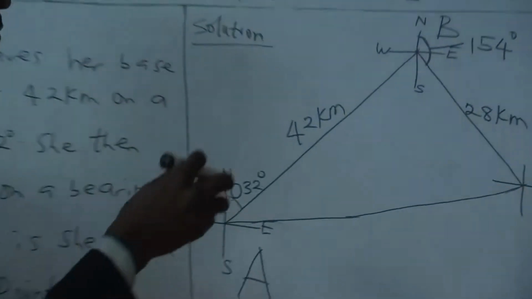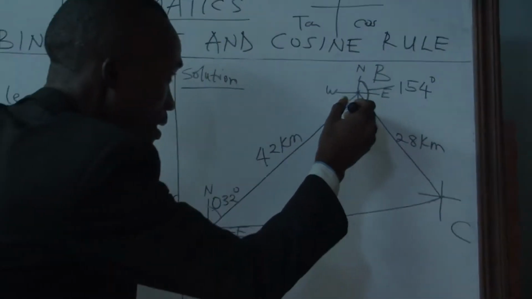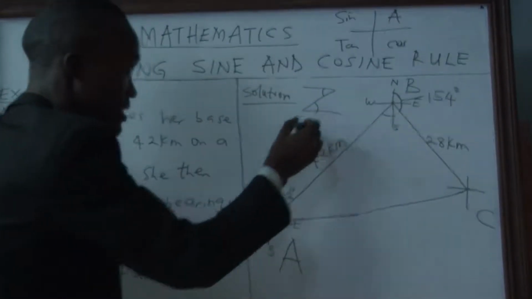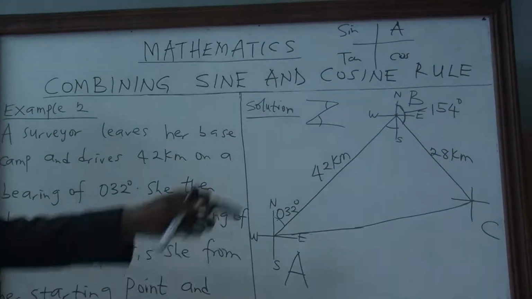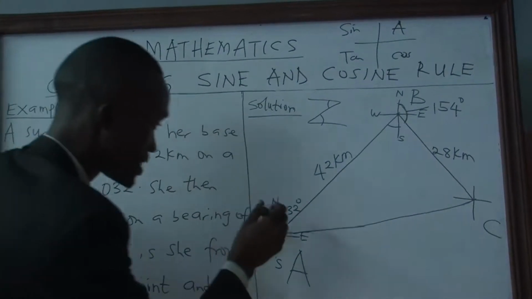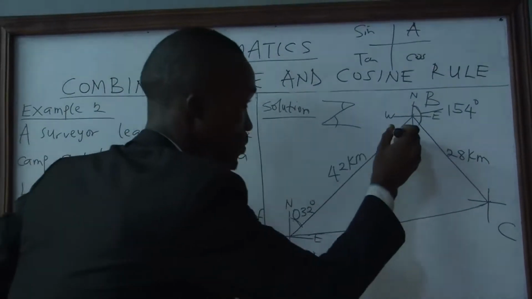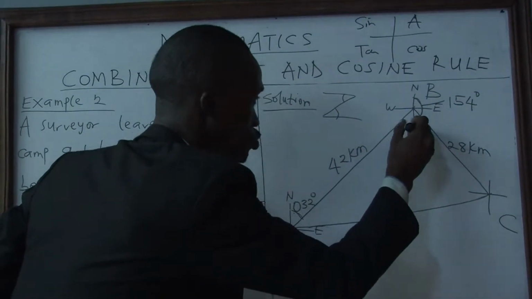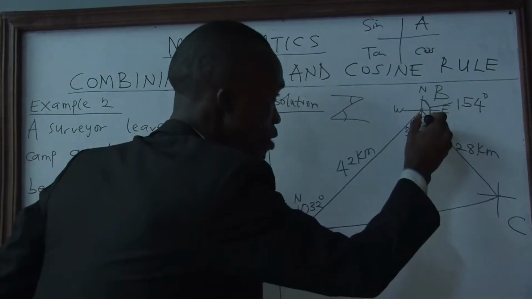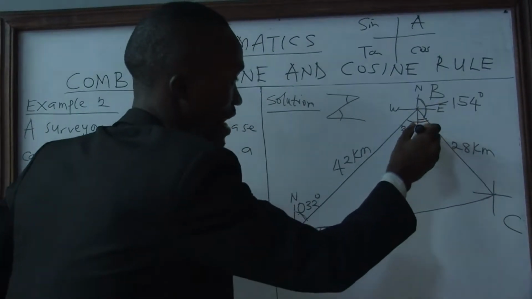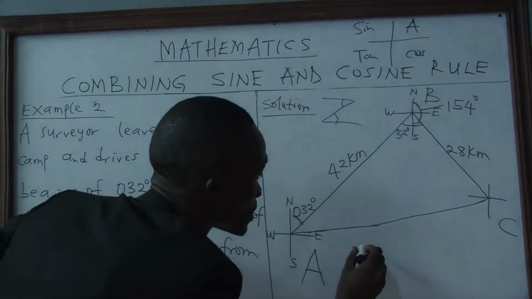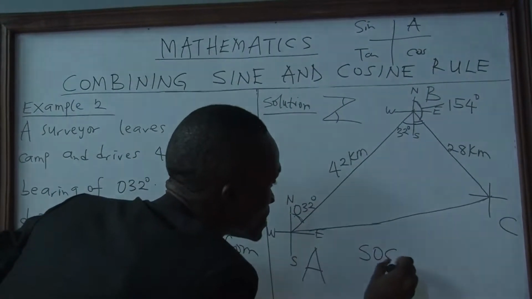Like the first one, this angle A, we go back to our Z angle. When we have a Z angle like this and this, they are equal. We call them alternate angles. So as this place is 32, this place is also 32. Then the angle that we are left with here, I'll call that SOC.